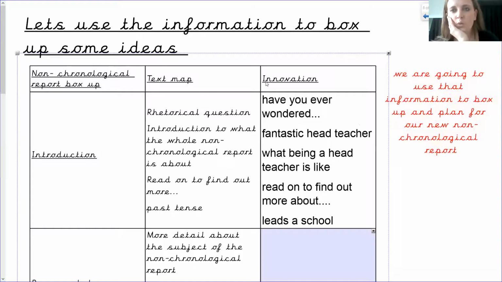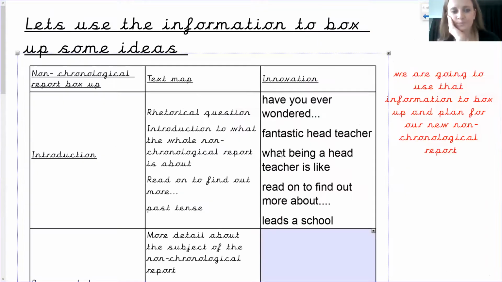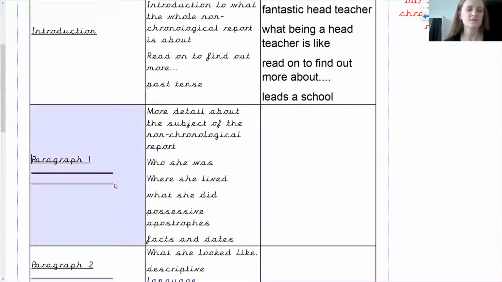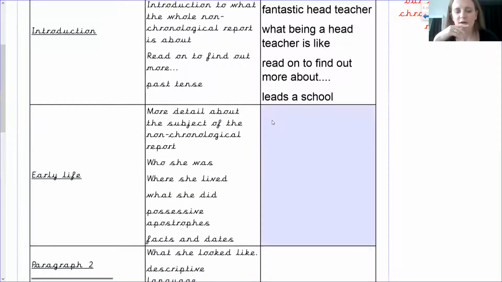So we could say, and this is the information that we wanted to keep. So Mrs. Bowen grew up in Langley and went to school in Langley. She went to St. Joseph's in Wexham, and she had a very strict head teacher who always wanted them to do their very best. So we could say more details. So I could say as a subheading here, maybe I want to say early life. And in here, I'm going to write, so we could say grew up.